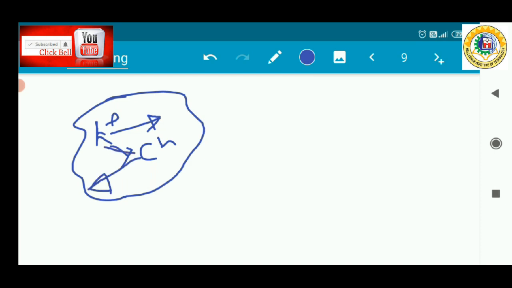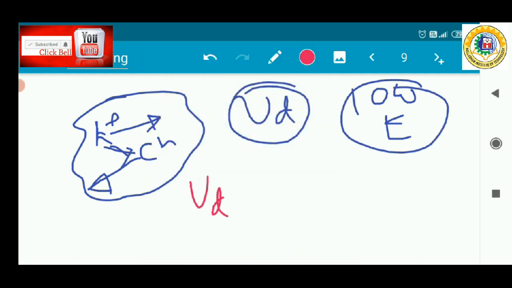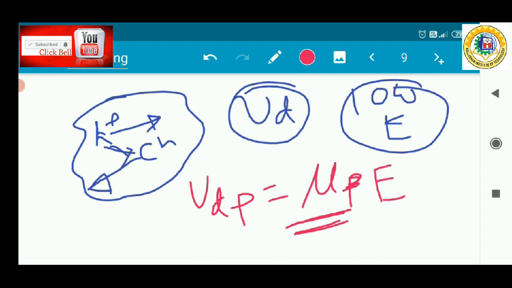In this case it gains an average drift velocity Vd, and for a low electric field it obeys the equation: Vdp, the drift velocity of the holes, is equal to mu p into E. This mu p is the mobility of the holes and E is the electric field.